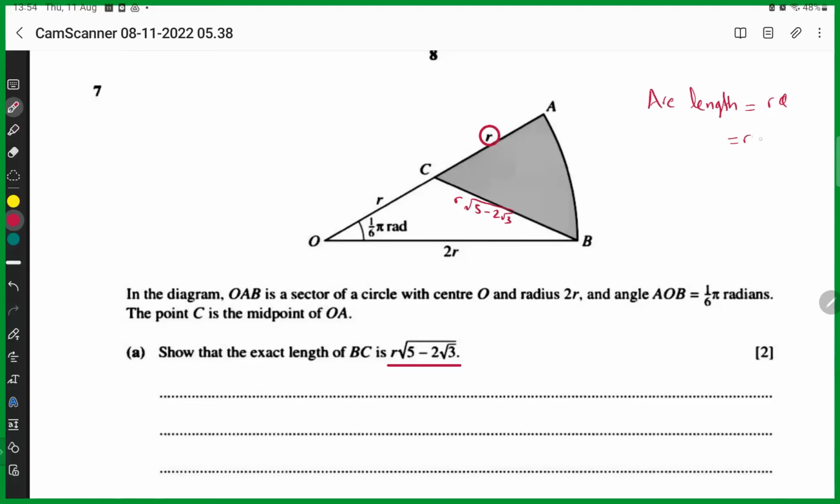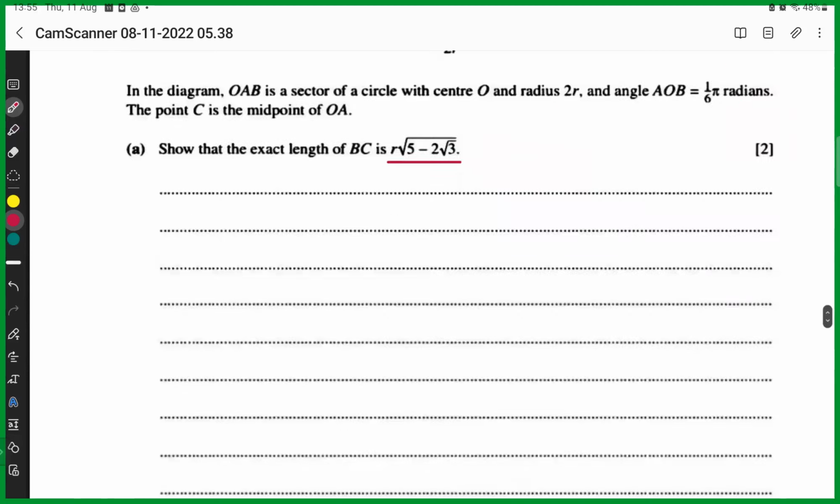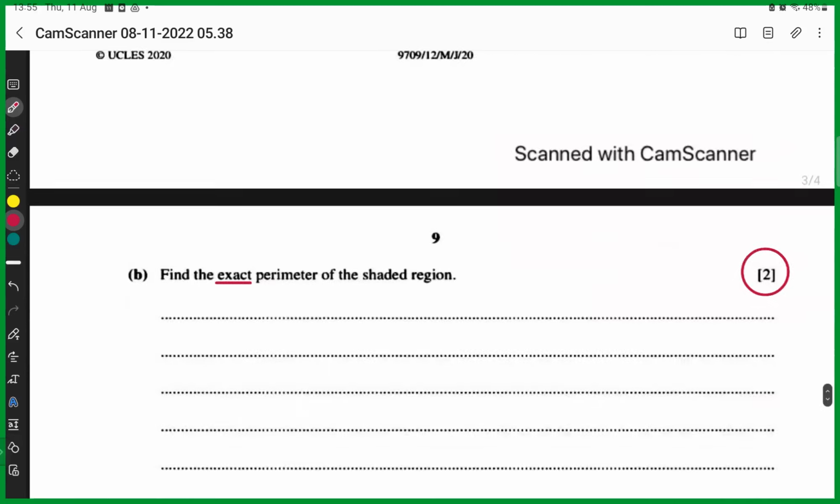So R multiplied by theta, that is pi by 6 radians, and this would give you pi R by 6. Okay, Miss, I got it, how to do this one. That's fine. And then you're just supposed to add the entire thing. Okay, very good. You were talking about the third part then? No, Miss, I just got it right now. All right, okay.